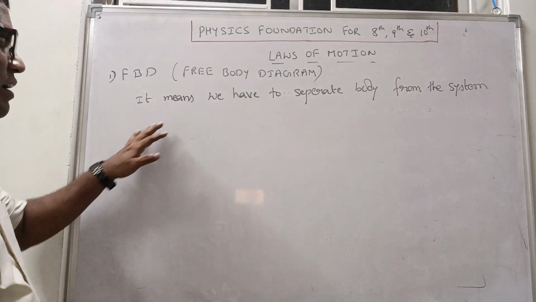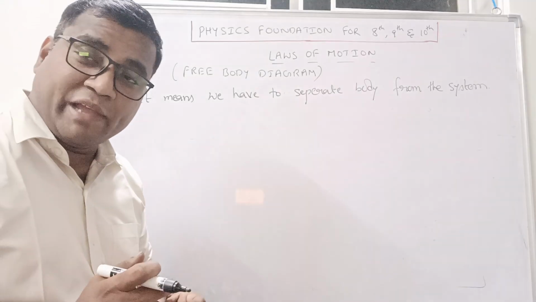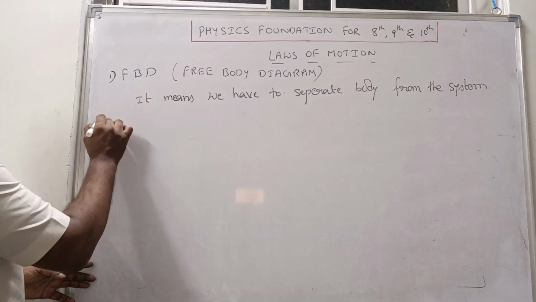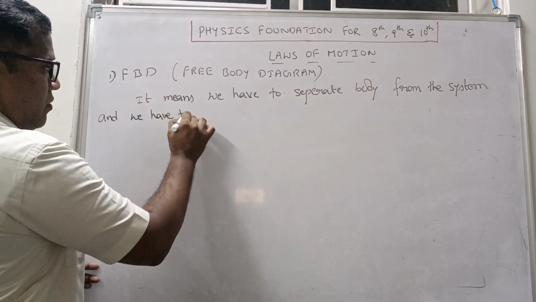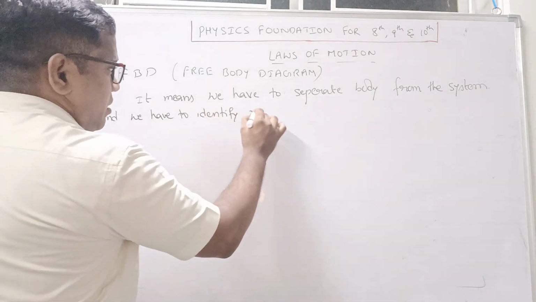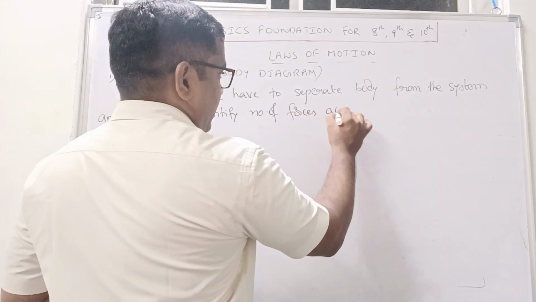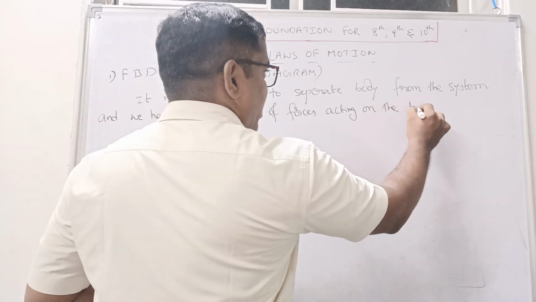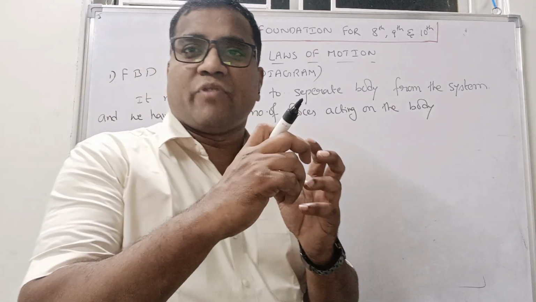Here we have to separate the body from the system, and we have to identify the number of forces acting on the body, not the system, because the body is separated from the system.